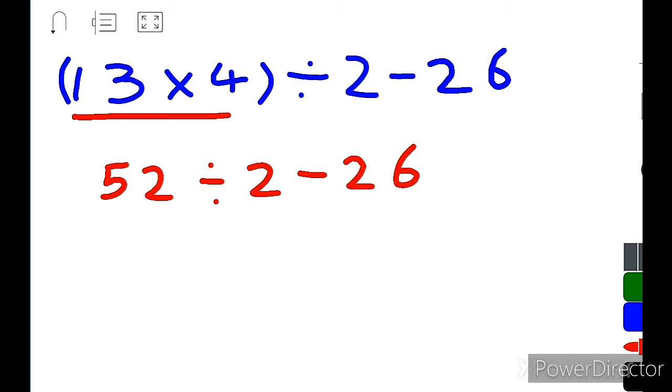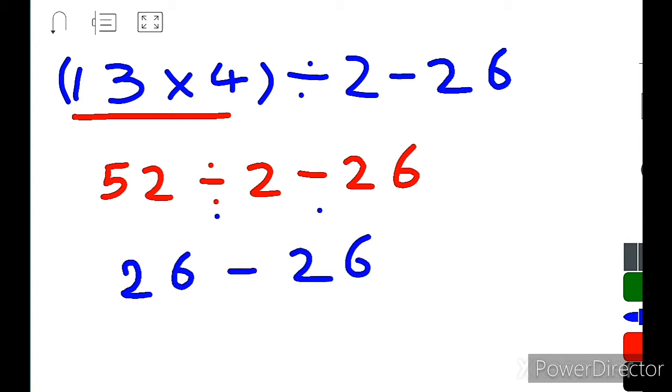Now in this, division and subtraction are there. So first we will solve the division part. 52 divided by 2 comes as 26, minus whatever is remaining, 26. 26 minus 26 will give you the answer as 0. Understanding, children?